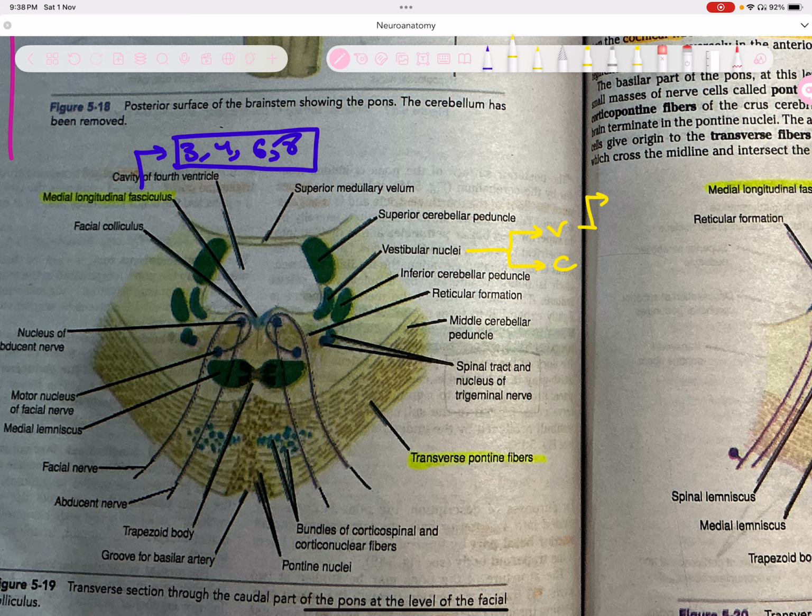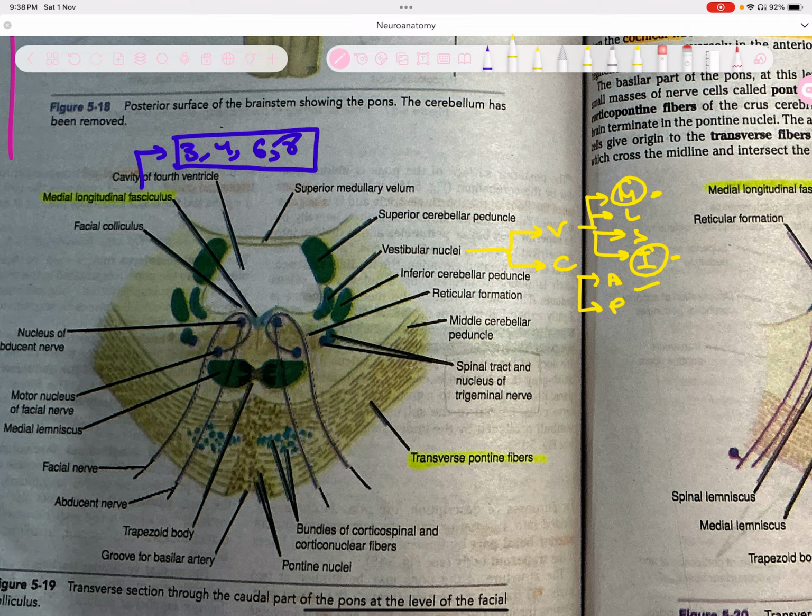The vestibular part had superior, inferior, medial, and lateral, and the cochlear part had anterior and posterior nuclei. We studied this in our medulla oblongata lecture, and there I told you that in the transverse section of your medulla oblongata, you clearly see the medial and inferior nuclei of the vestibular nuclei.